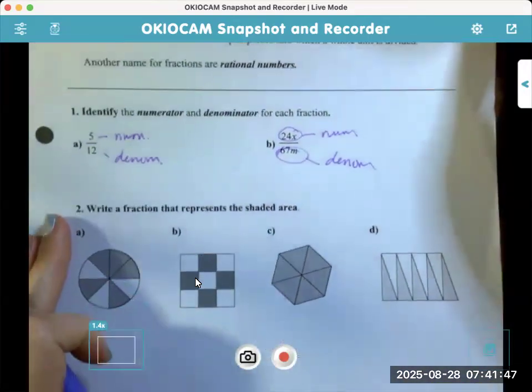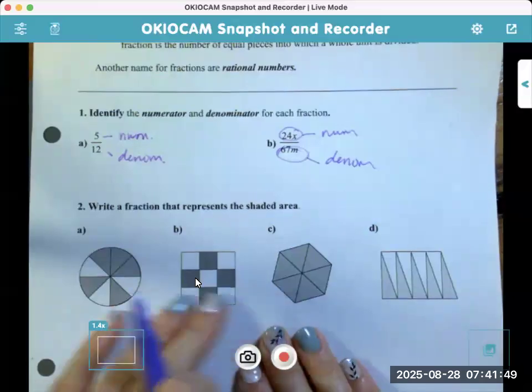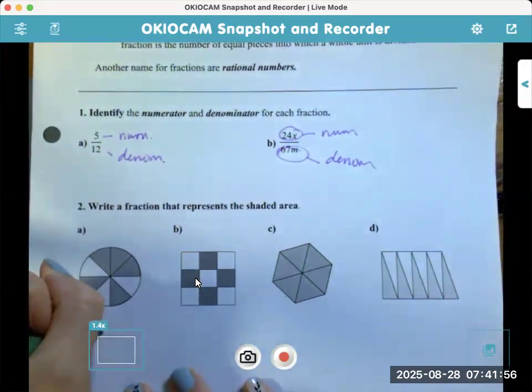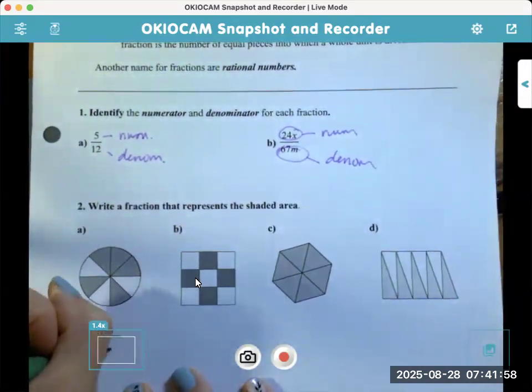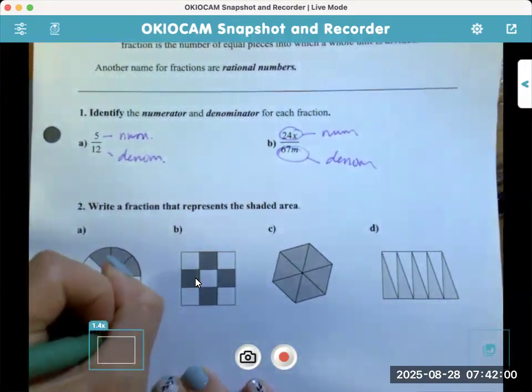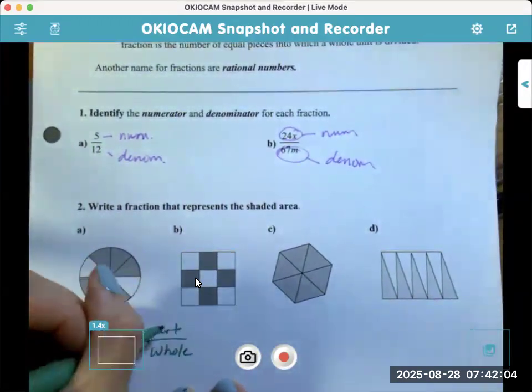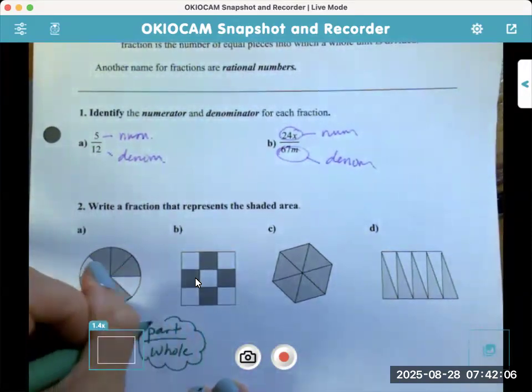So if we want to write a fraction that represents all the shaded area, well, first, top, bottom. So the numerator over denominator, it's just part over a whole. And this is a big deal.